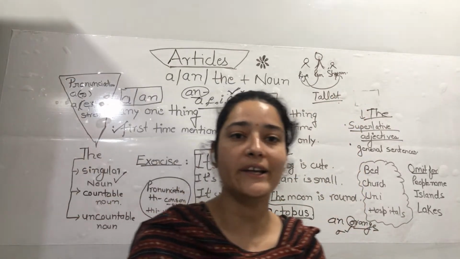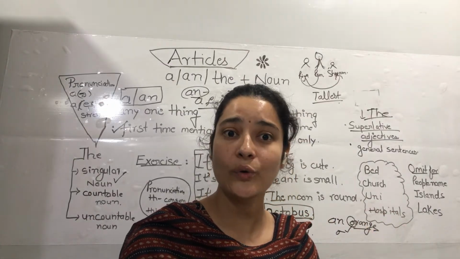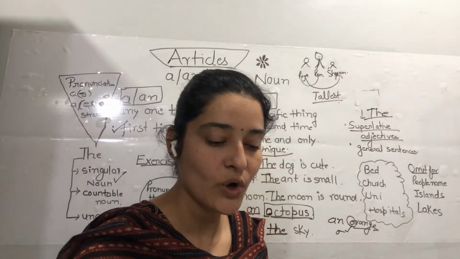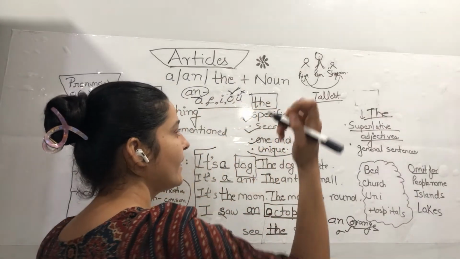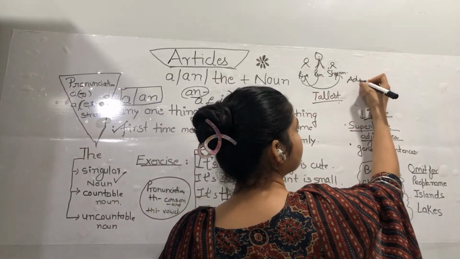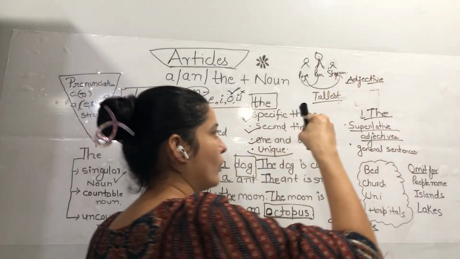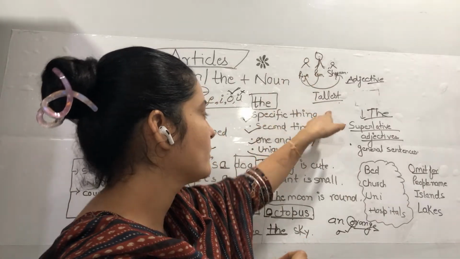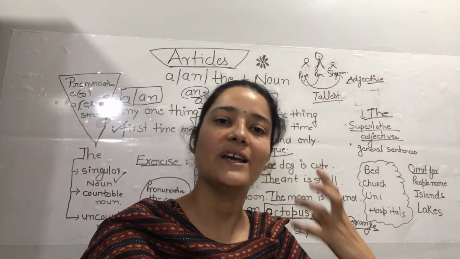Tallest is the quality of a person, and person is a noun. So who tells the quality of a noun? Adjective. So they add meaning to the word, or you can say adjectives are telling the quality of a noun. Whether Ram is tallest or whatsoever quality he possesses is adjective.